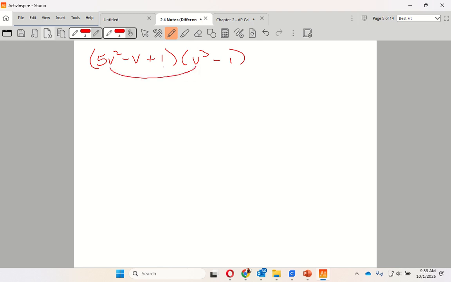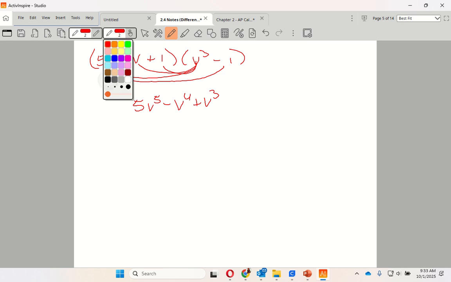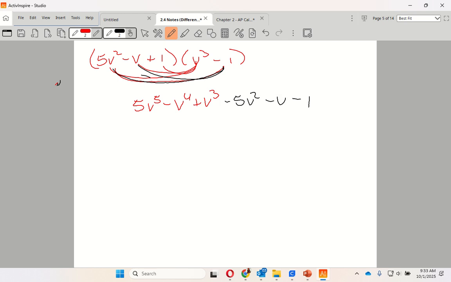So like this, I'm going to get 5v to the fifth minus v to the fourth plus v cubed. And then distribute the other side. Let me change colors on that. Right there, so it's going to be minus 5v squared. That's going to be minus v, and that's going to be a minus 1.